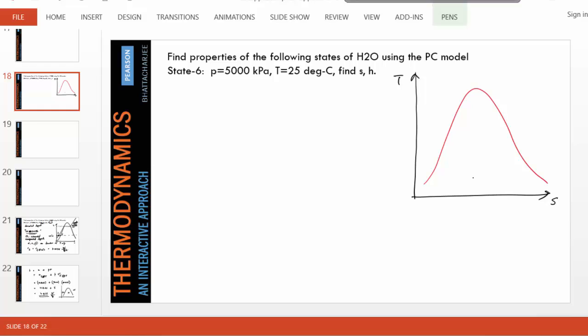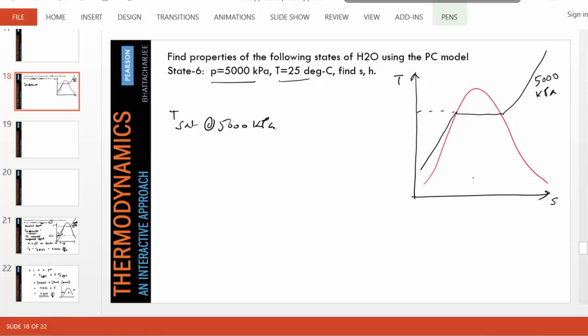Okay, here is another problem where we don't know the phase composition, only pressure and temperature are supplied. So we draw a constant pressure line, which is 5000 kPa this time. So the state 6 must be somewhere on that line, but the temperature is not known. To get an idea where the phase composition falls, let's find the saturation temperature, Tsat, at 5000 kPa.